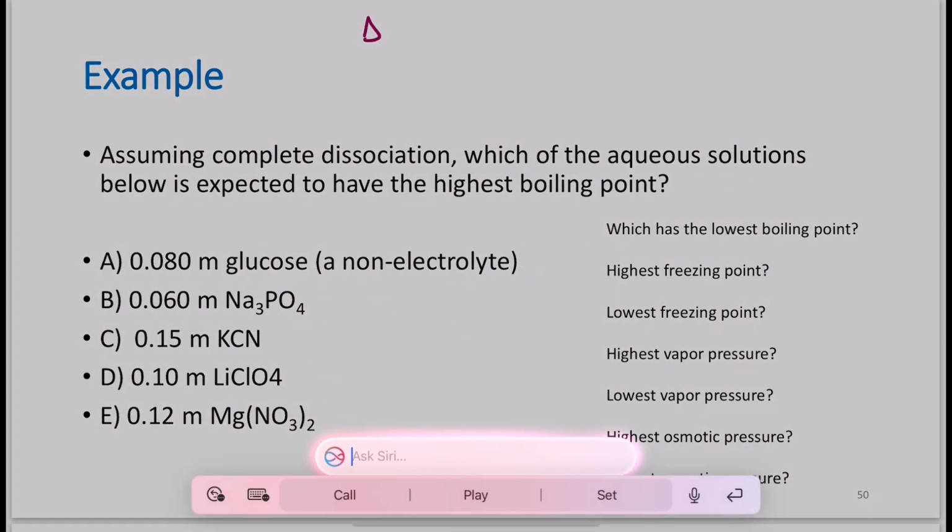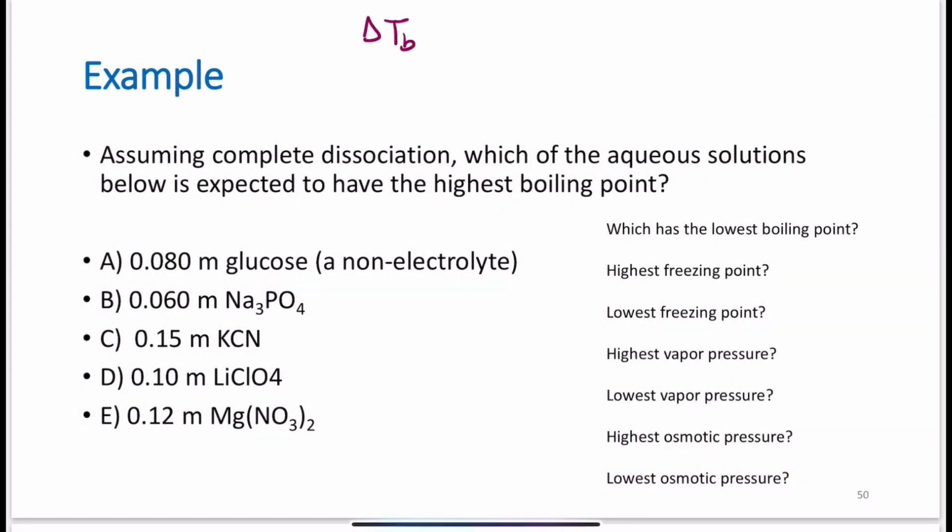Boiling point is delta Tb equals Kb times m times I. I could go ahead and calculate all of these, yes, but Kb is a constant, so if I just take my molality times my I value, the biggest value here is going to cause the biggest deviation. I here is equal to 1, which means overall this will be 0.080, and the value I'm writing over here is your molality times your I value, okay?